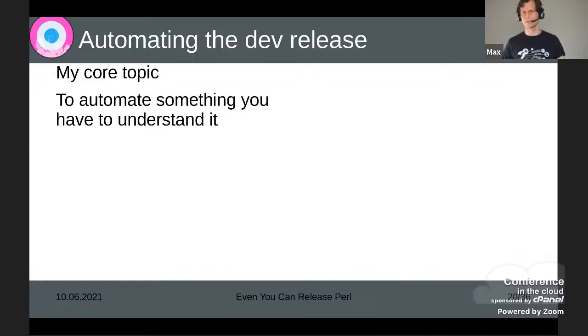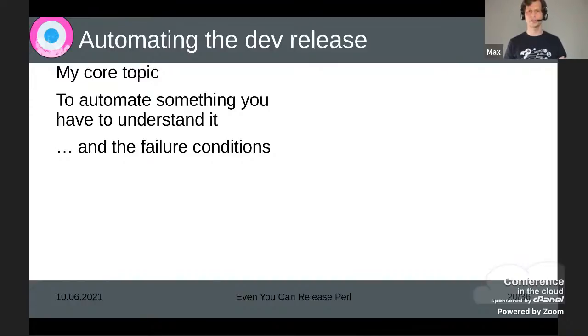And yeah, to automate something, you have to understand it first. And you also have to understand the failure conditions that can occur, and especially understand how those failure conditions manifest themselves and how to recognize them.